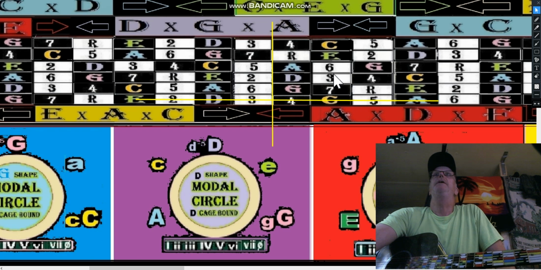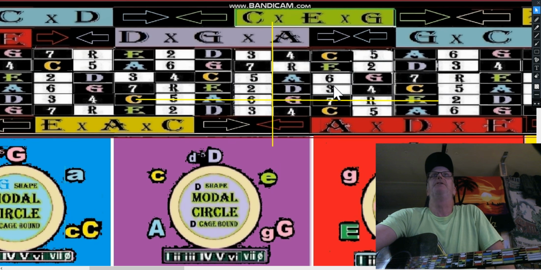Now, if we move this down, I'm just going to do it down because it makes it easier on the chart here instead of starting here and going up. We move it down, we've gone to a string shape fifth of that C, right?